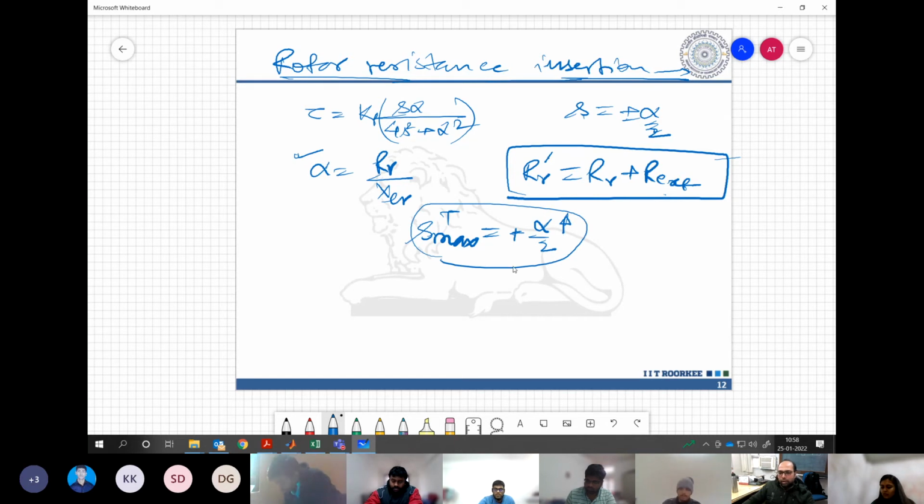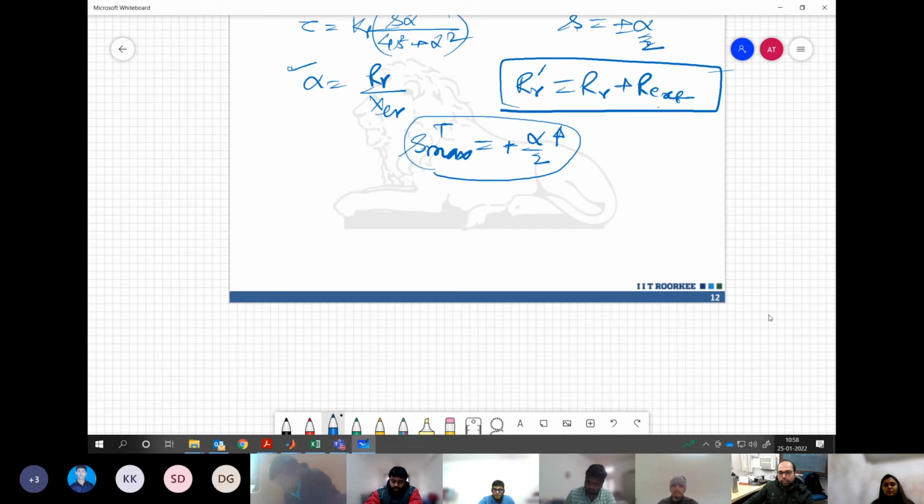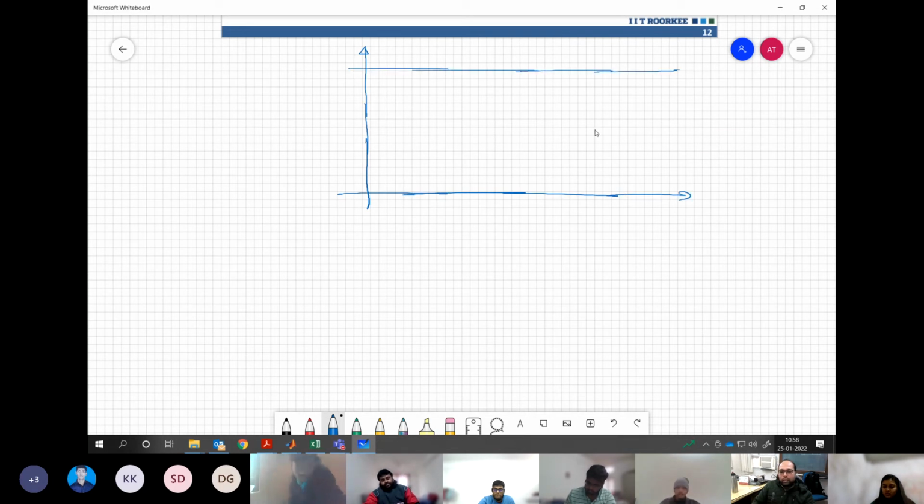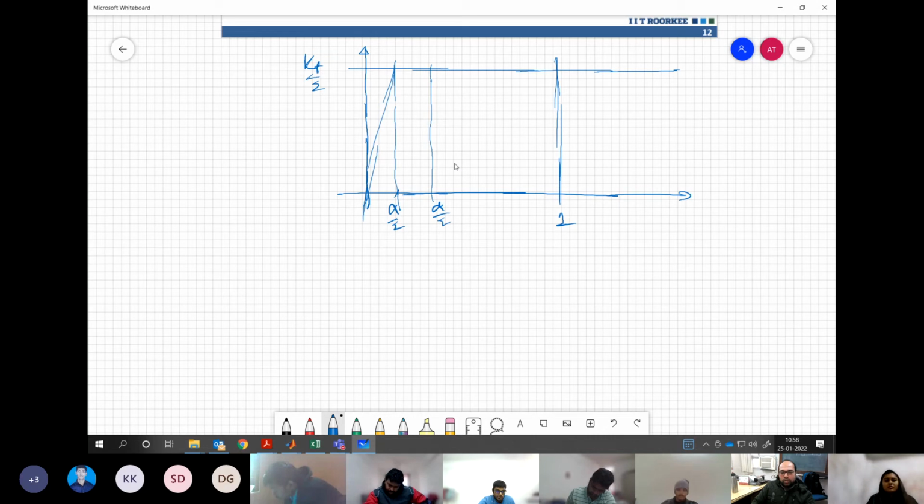In effect, what it will look like, if this is your maximum value and we are talking about only motoring mode, let us say, we have kT by 2 over here and the characteristic is going maximum at say this alpha by 2, and then there is some other alpha where some rotor resistance is inserted, then it is increasing to another value.